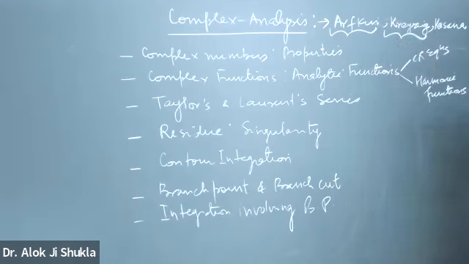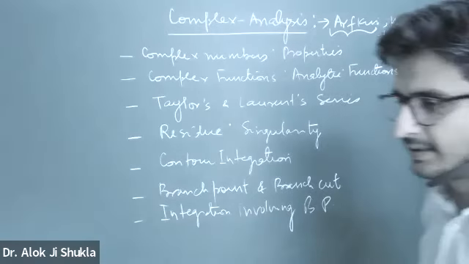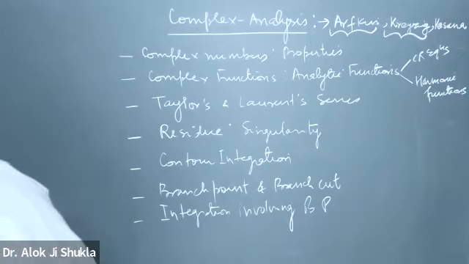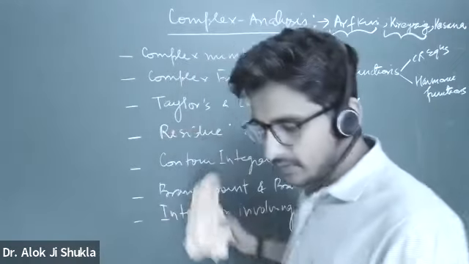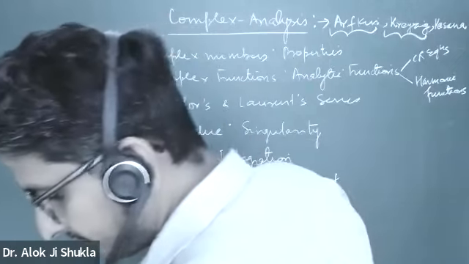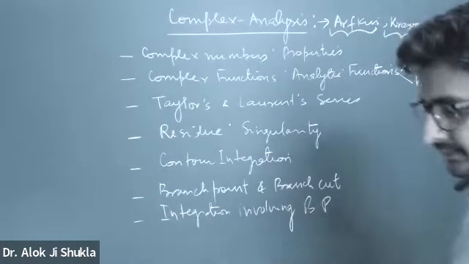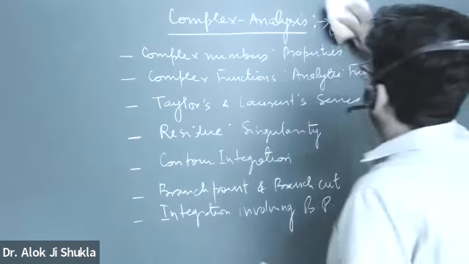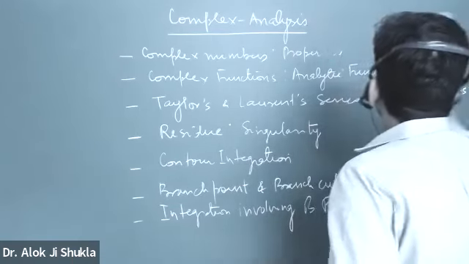Okay, beautiful books on mathematical physics. Okay, so this is the outline. So this is clear to everyone? The outline is clear? Yes, sir. Yes, sir. Okay. So one by one we will discuss this.